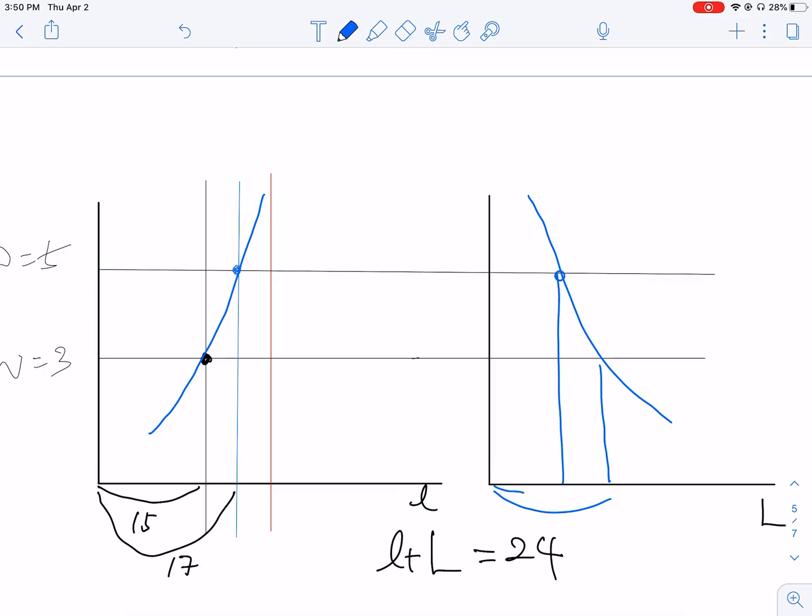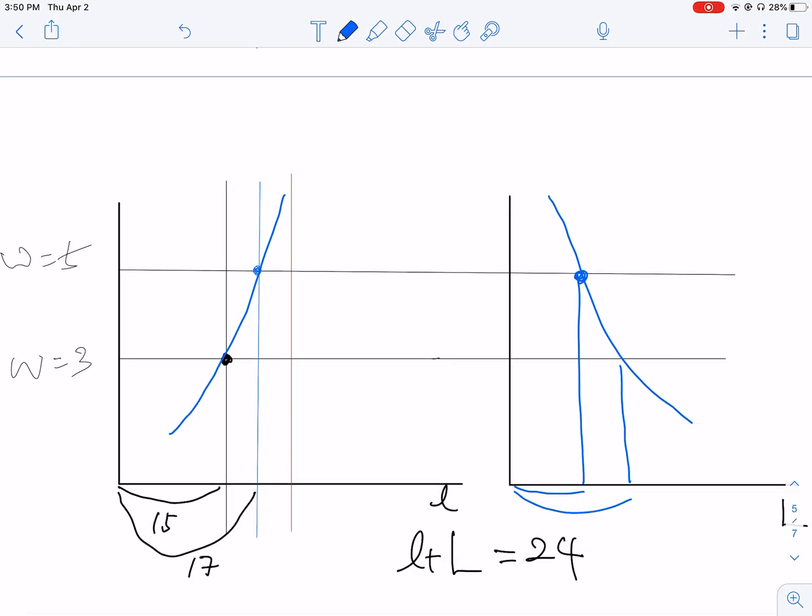So at when wages are $5, the demand for the leisure is 17. That means the labor supply will be 7. So the 7 plus 17 becomes 24, right?